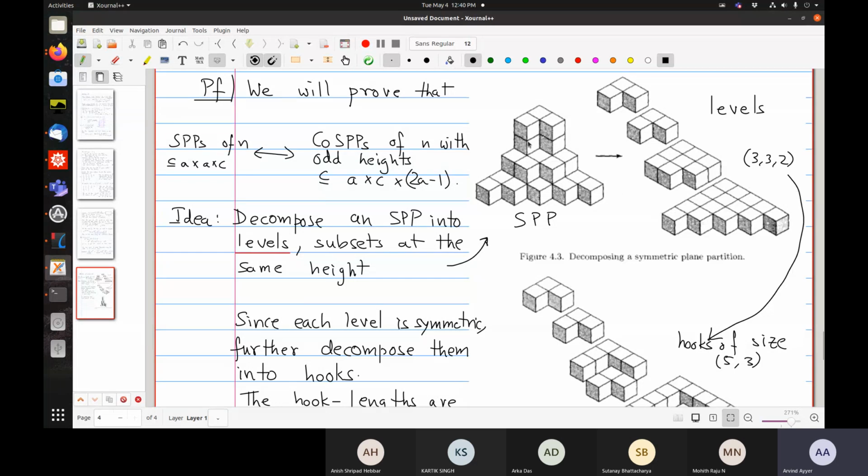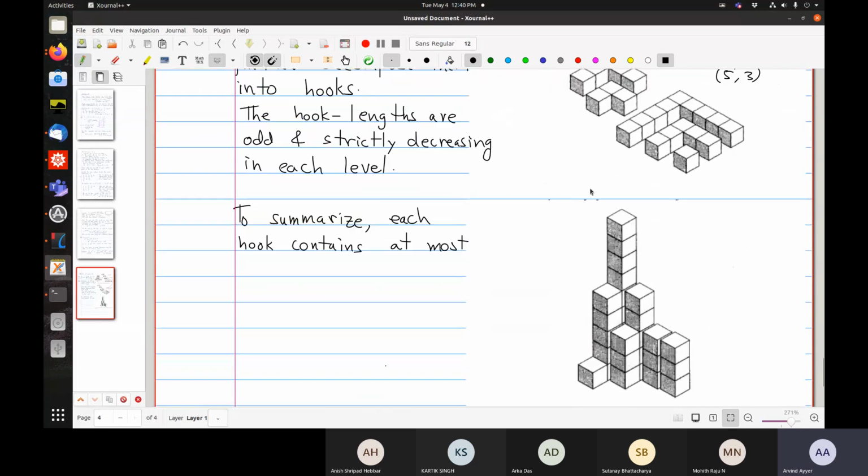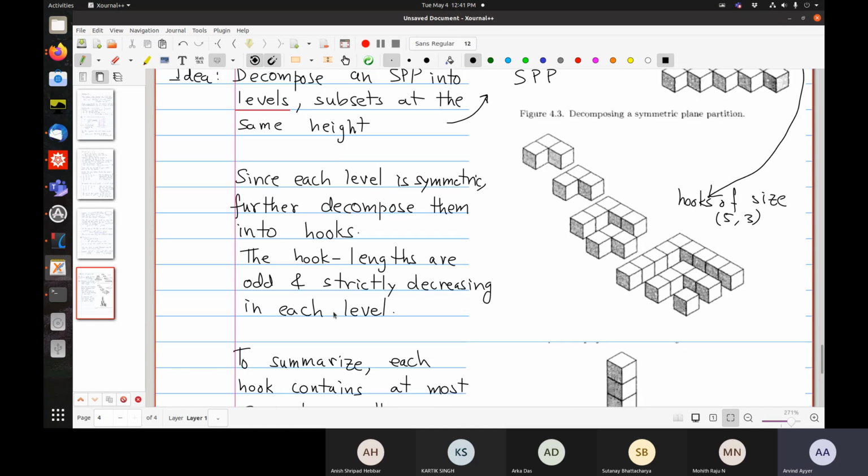So each hook can have at most length 2A minus 1 boxes. There are at most A hooks per level, right?